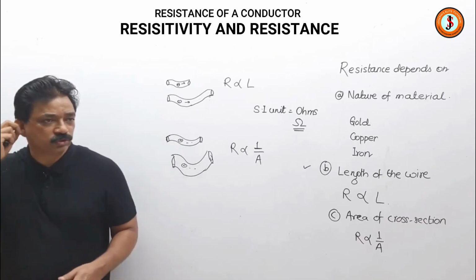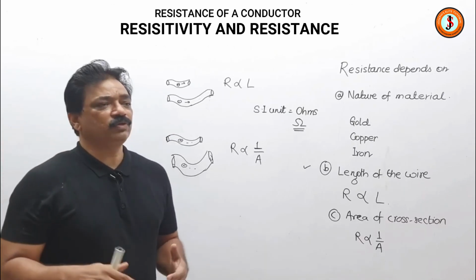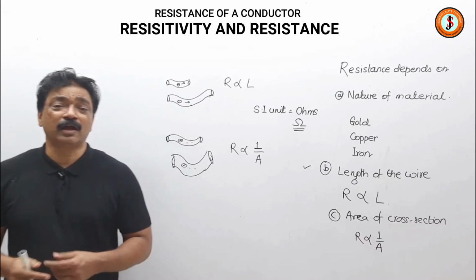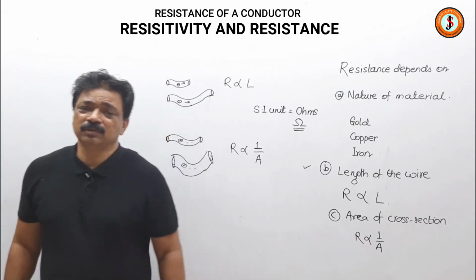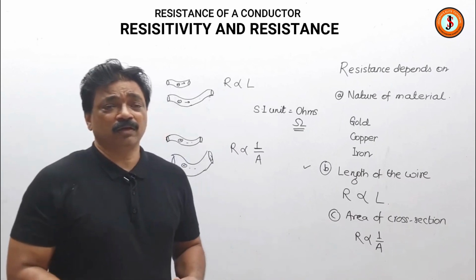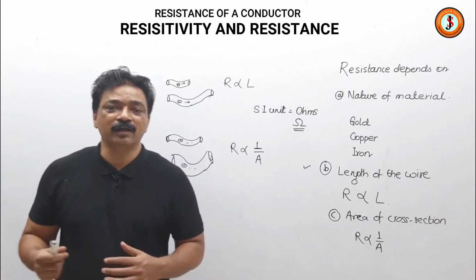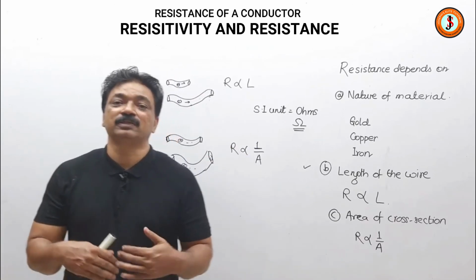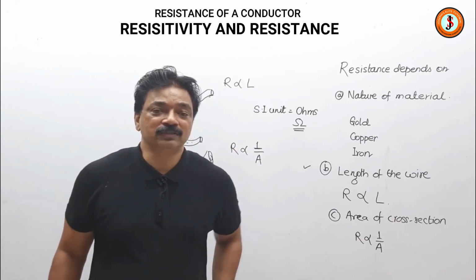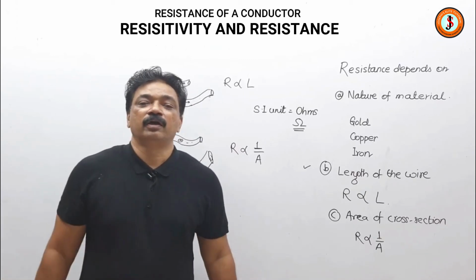Sometimes, just to understand resistance, we use a reciprocal term, conductance. Resistance is the property of a material which opposes the flow of current, and conductance is the property of a material with which the electrons flow. So it is just reciprocal. Conductance is the reciprocal term of resistance.